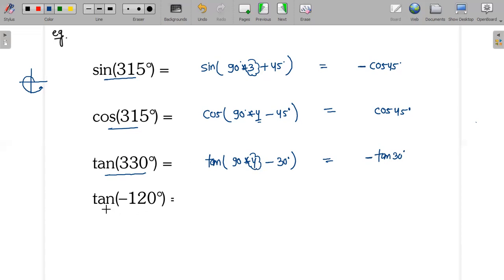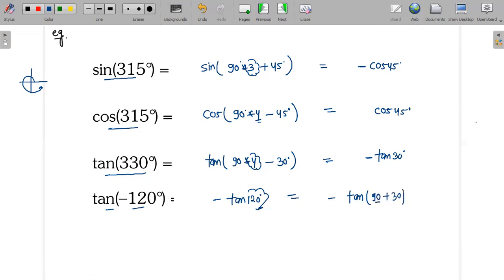Now let me take this one, tan of negative theta. What does tan negative theta stand for? First of all, let me simplify this one in that format. It is negative of tan 120. Then what can you write 120 as? You may write 120 as 90 plus theta, or even you may use 180 minus theta. Let me choose 90 plus theta.